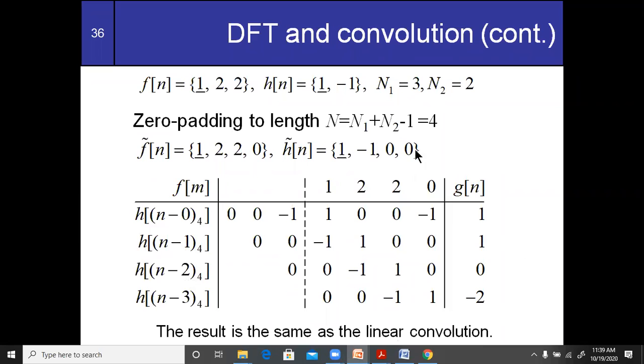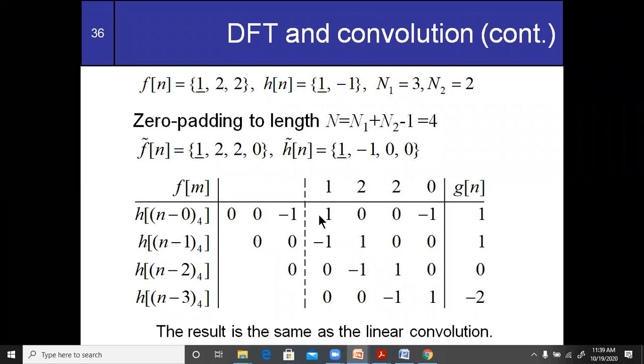So whatever we have here is there in the reverse order, and all these are just shifted versions of these.